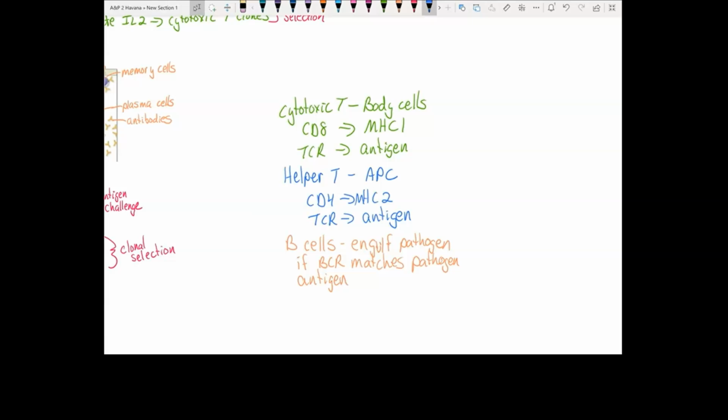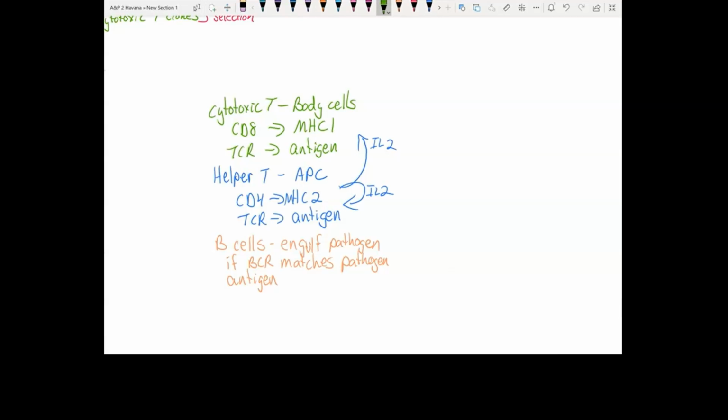Then your helper T secretes interleukin-2, both onto itself and onto the cytotoxic Ts, and that's how you get your clones. And it secretes interleukin-4 onto the B cells. And that's how you get your clones. And then remember that some of these clones become plasma cells.